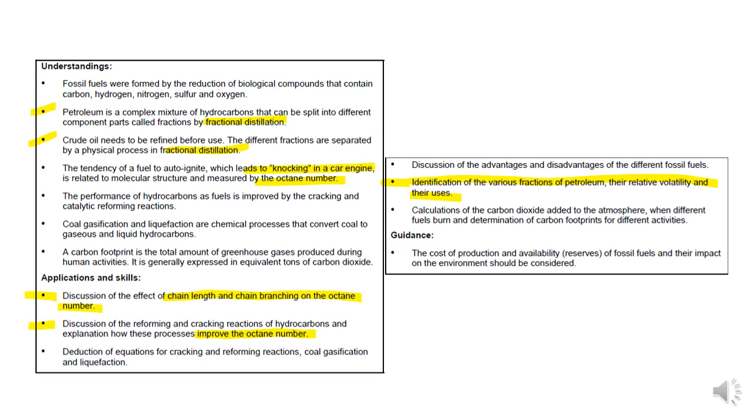We talked about fuels being improved by cracking and reforming, and we talked about equations for cracking and reforming. We talked about coal gasification and liquefaction, and we looked at the equations for those. We then talked about carbon footprint, and we calculated carbon footprint. We then discussed the advantages and disadvantages of the various fossil fuels, so oil, coal, and natural gas.